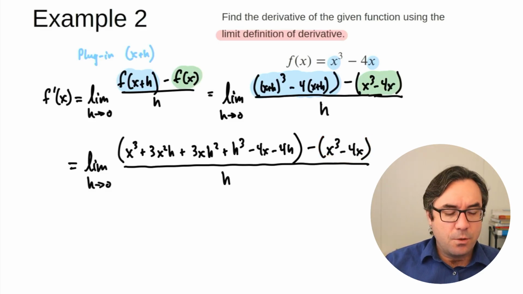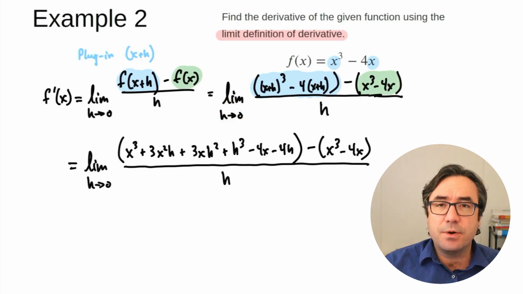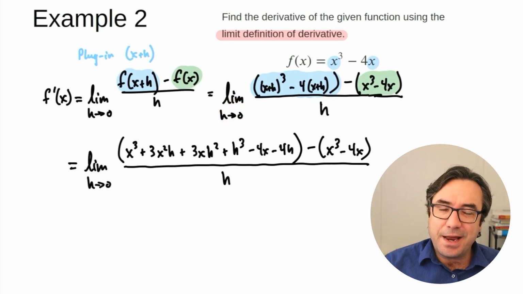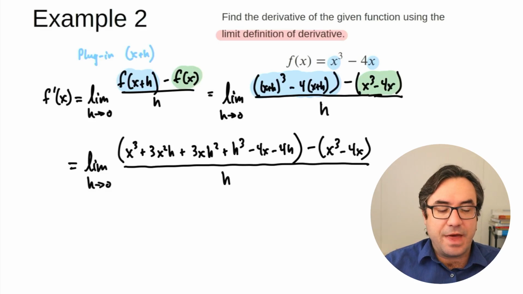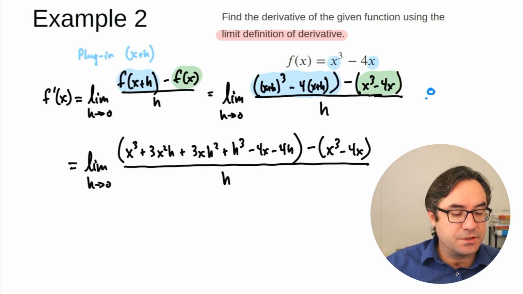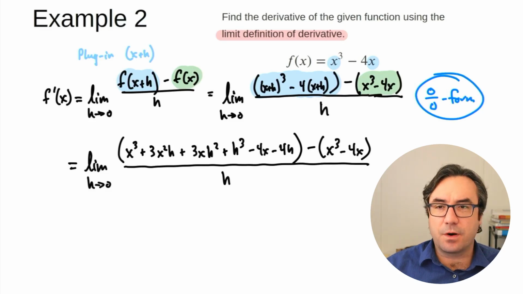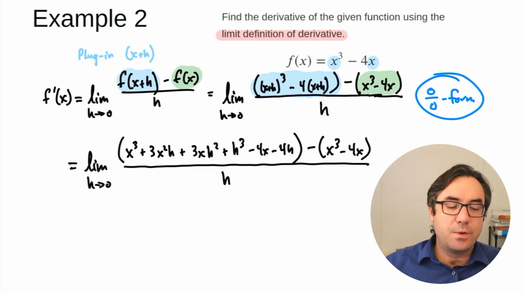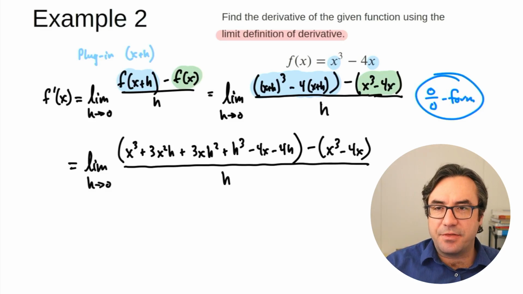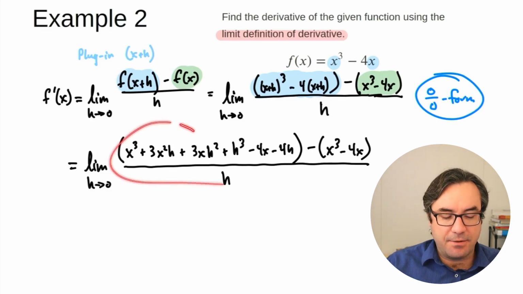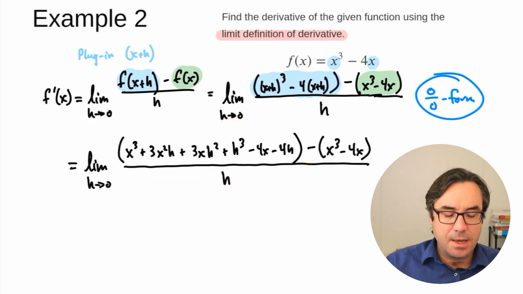Well, whenever we're doing a limit where we're approaching a number, the first thing we should try is just plugging in, in this case plugging in 0 for h. If we do that here, we end up with that 0 over 0 form, indeterminate form. So we have to use our algebraic methods. That's why we're multiplying all this out.